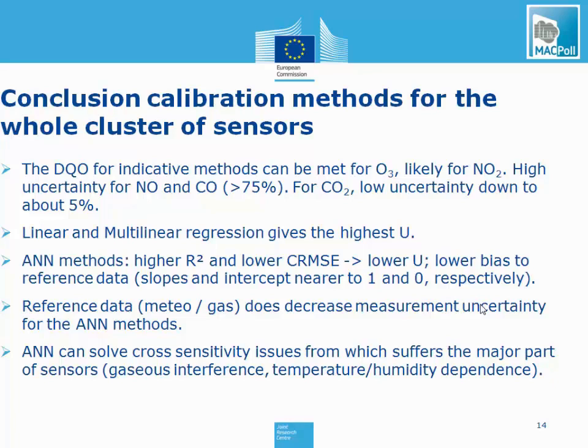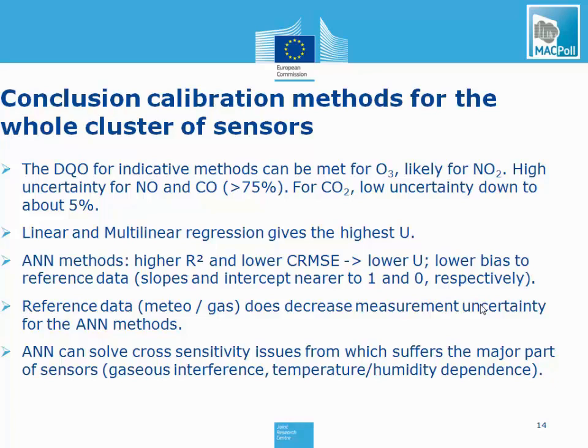We have seen that the easiest models, linear and multilinear, gave the highest uncertainty. For the artificial neural network, the best correlation, and obviously the lowest root mean square error, was given by the ANN standardized and raw, most of them.